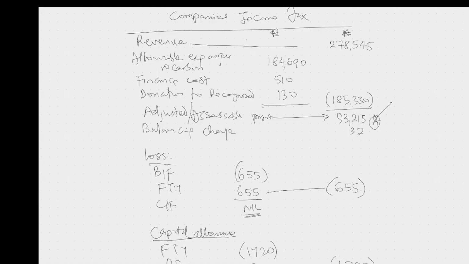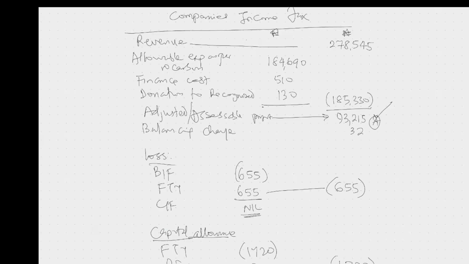So I have a question. Okay, go ahead. I don't know why we are not adding our depreciation to get our adjusted profit under CIT. Okay, so what we have adopted here is a revenue approach.